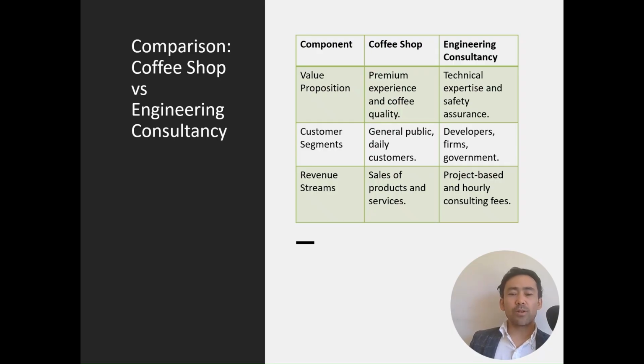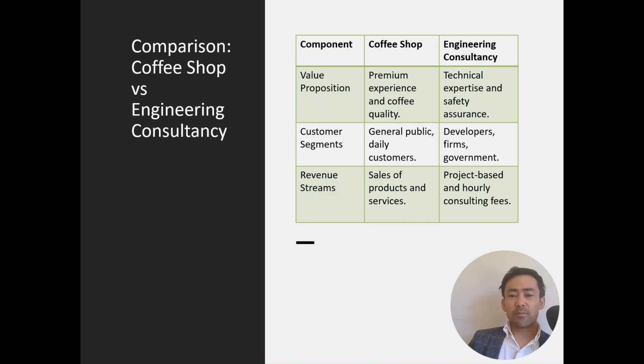The value proposition of a coffee shop could be premium experience and coffee quality, and the engineering firm, on the other hand, would be technical expertise, ensuring safety and code compliance. So the coffee shop's value proposition is more product, which is coffee. It could also be personal experience, a mix of product and service.